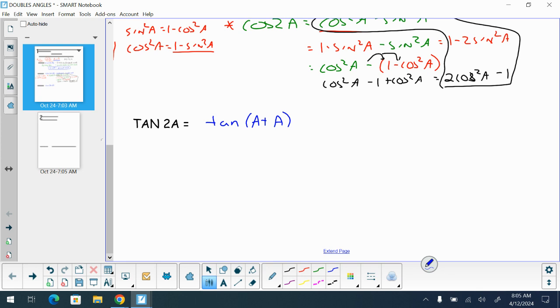Tangent 2A is tangent of A plus A. Go ahead and expand it out again. Use your angle addition formula and expand it out. Then on the top, combine the two things on top. Then on the bottom, you have something you can combine on the bottom.